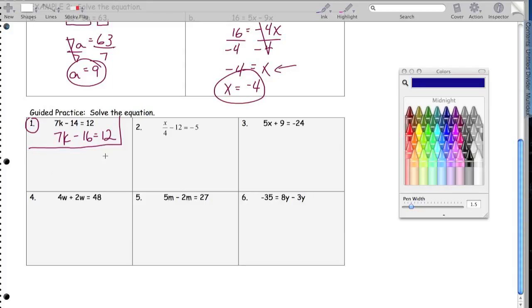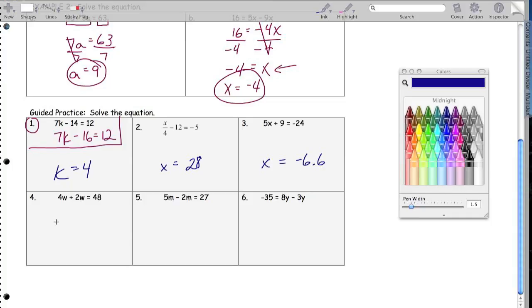Okie dokes. These are the answers. For the first one, once you've changed this, you're going to get k equals 4. For number 2, you're going to get x equals 28. And number 3 is going to give you a decimal, x equals negative 6.6.